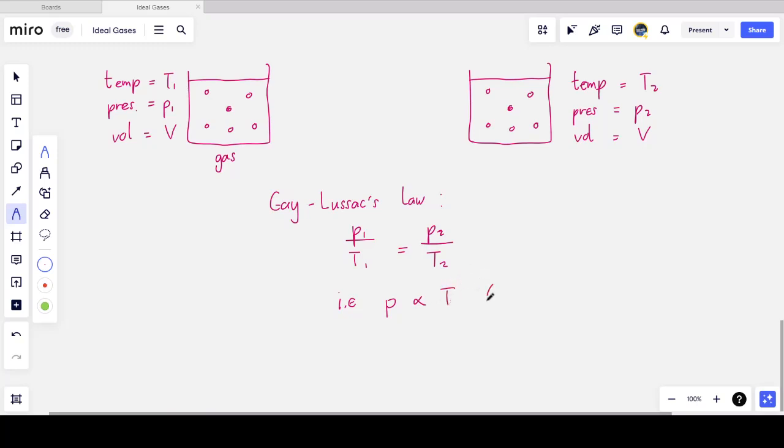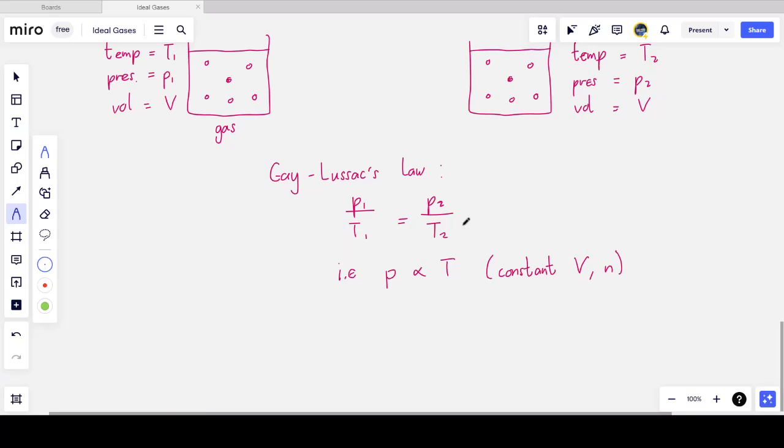Also kind of intuitive, but still very, very important that it was written in this way. I mean, we all have an idea that pressure and temperature are related, but in order to say that they are directly proportional is a big achievement. And so this is at a constant volume and with a constant number of moles, meaning the amount of gas is not changing.